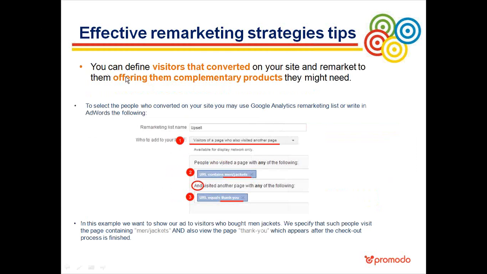And also, remarketing is good if you would like to upsell to your customers who have already bought something on your website. How to define this kind of people? Of course, you may use remarketing lists from Google Analytics, because there you might have the conversion goal, which means the completion of the purchase, or you can use AdWords and specify the following.